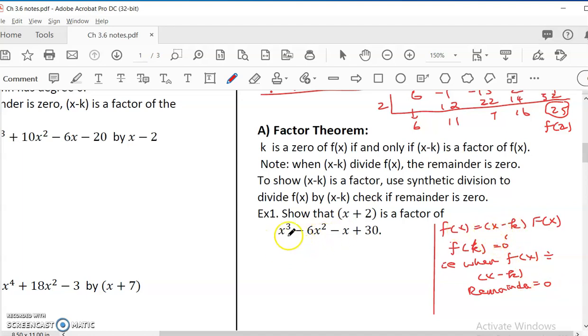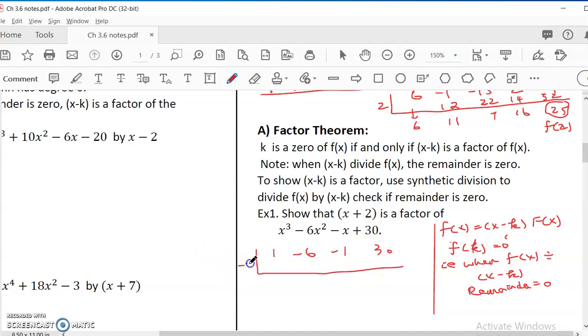Let's do an example. I want to show that x plus 2 is a factor. Of course, I can just plug in x equal to negative 2 to see if it is 0. If it is 0, then f of negative 2 is 0, so x plus 2 is a factor. But I can also do a synthetic division with 1, negative 6, negative 1, 30, dividing by x plus 2.